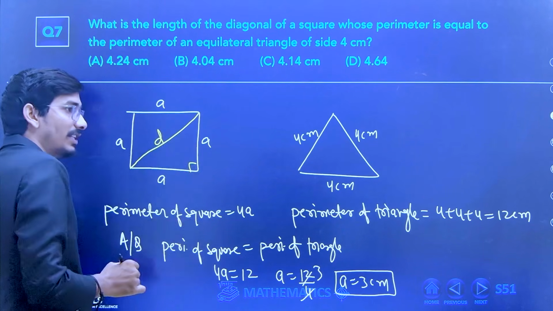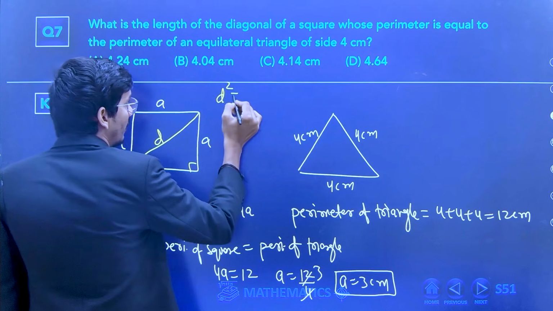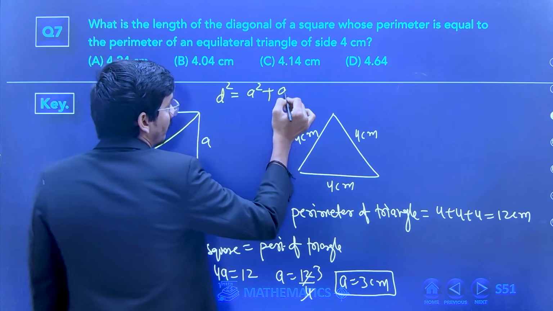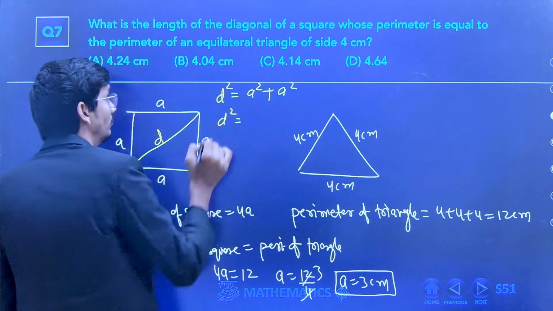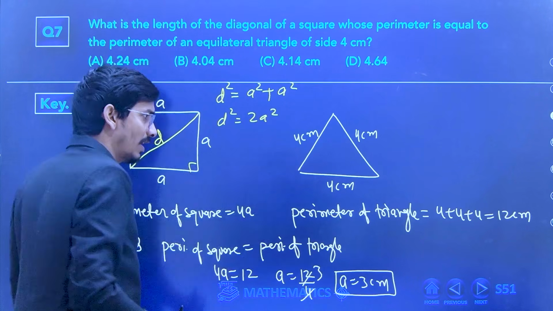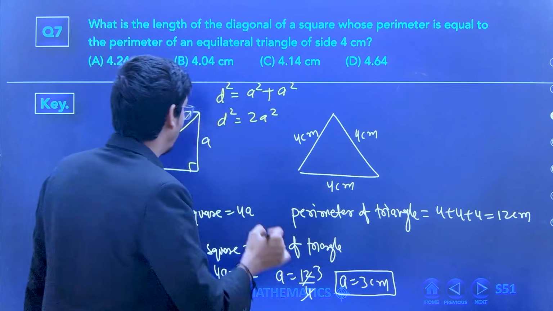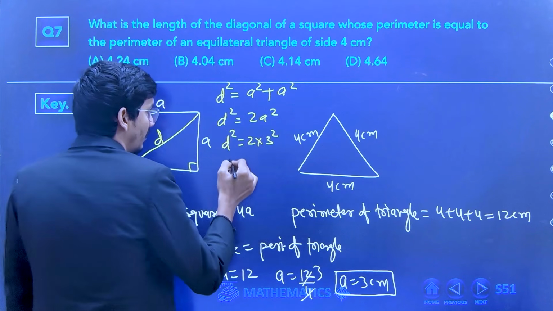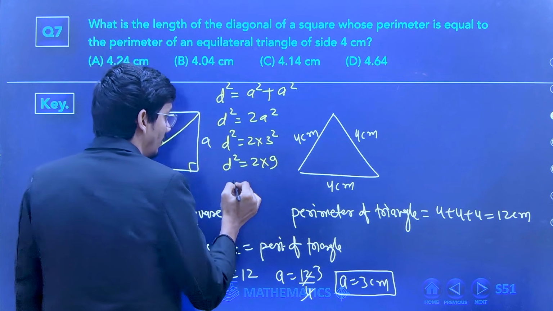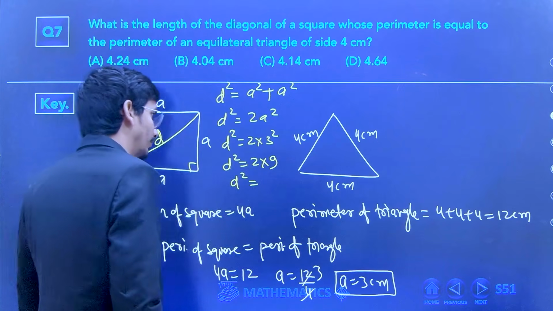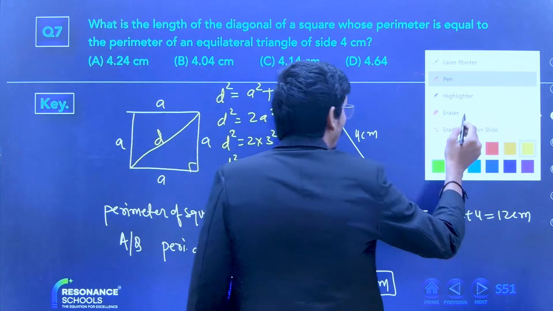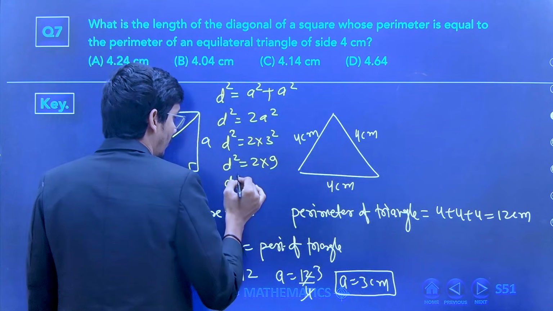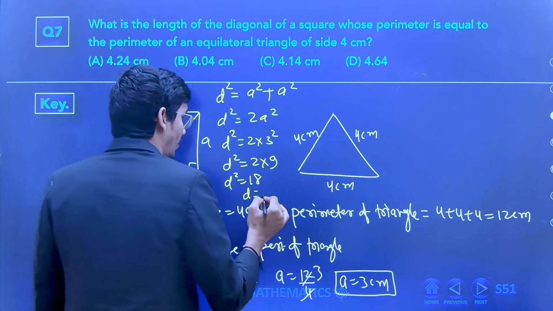Let us suppose this diagonal is D. So hypotenuse square is equal to perpendicular square plus base square, that is nothing but 2 times a square, and a is 3. So D square equals 2 into 3 square, that is 2 into 9. So D square equals 18.